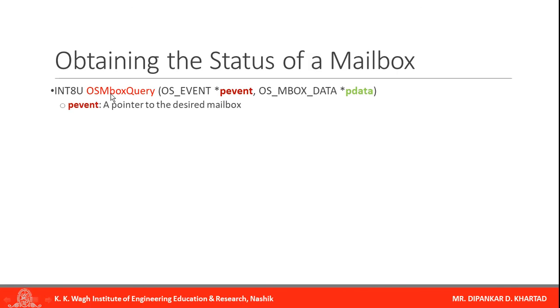Pevent is a pointer to the desired mailbox, and pdata is a pointer to the returned mailbox information. So there is one memory, or we can say one set of information about the mailbox available, and the pointer to that information is the pdata.